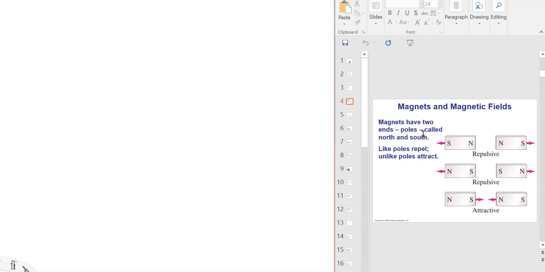We call them two poles. We call them north and the south pole. Like poles repel, unlike poles attract. Kind of similar to electricity ideas, right? The electric charge. We know that negative repels negative, positive attracts negative, like charges repel. So it's the same thing.